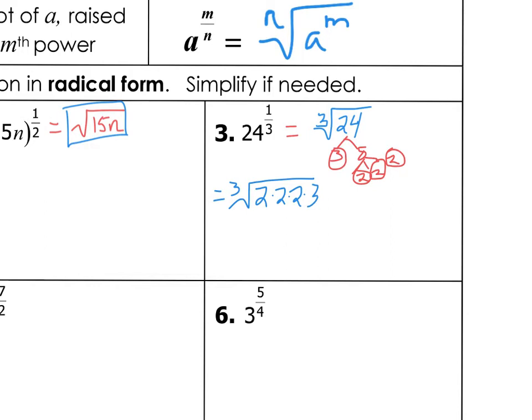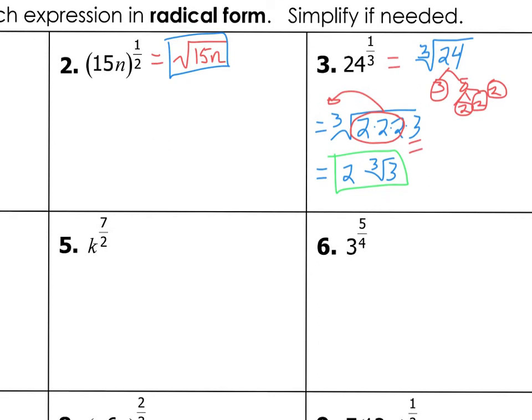And then because we have an index of 3, we need a group of 3. So one 2 is going to come out in front, and we'll have the 3 left over. So this simplifies as 2 cube root of 3. So using a little bit of prior knowledge.